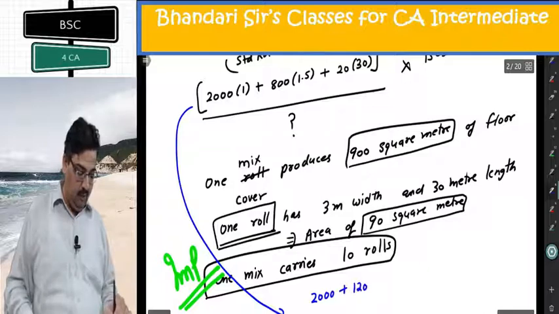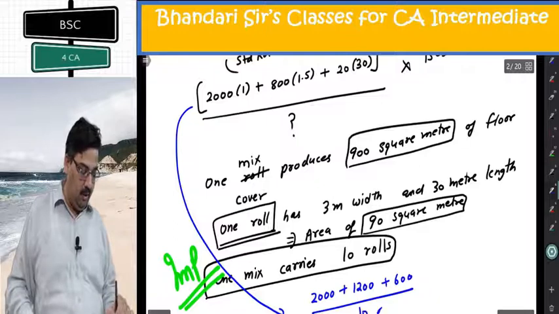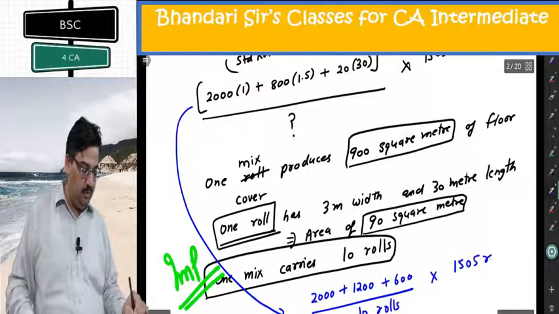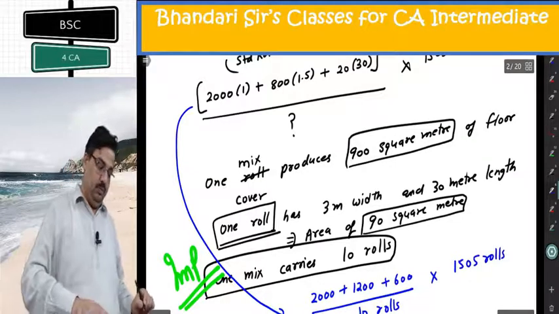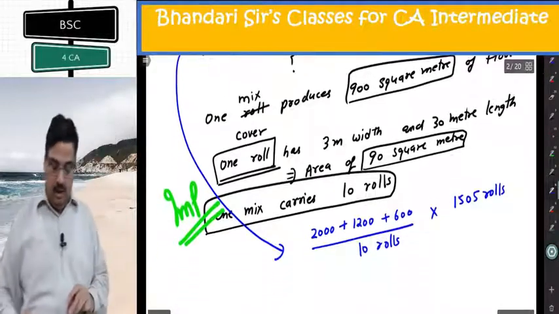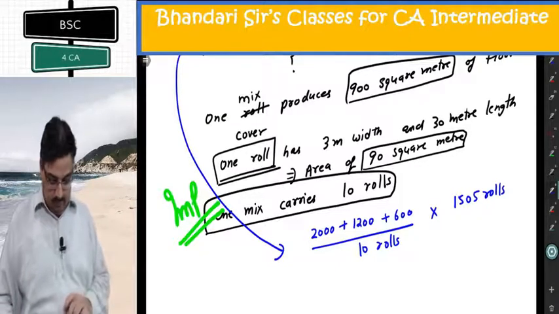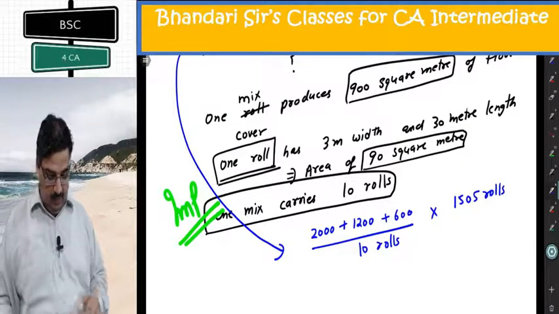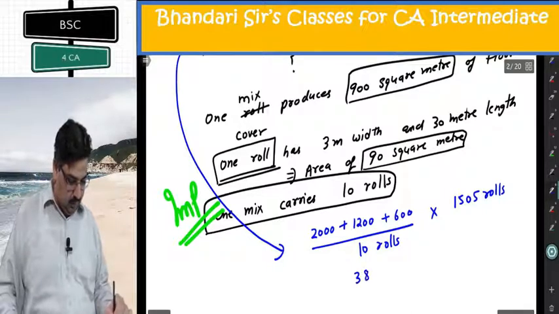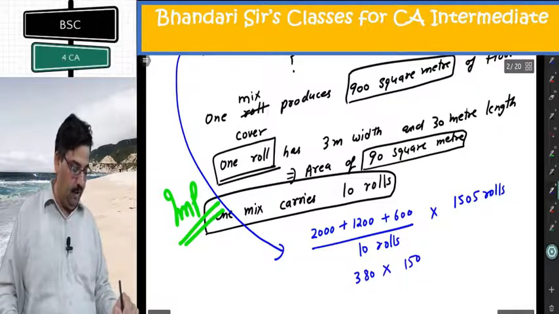2000 plus 1200 plus 600 whole divided by 10 rolls multiplied by 1505 rolls. This makes me reach 3800 divided by 10, 380 multiplied by 1505.